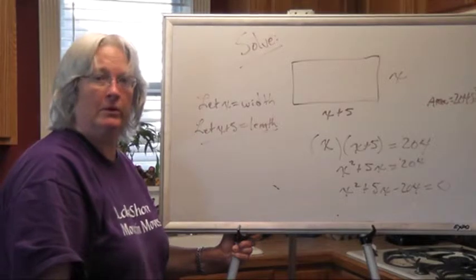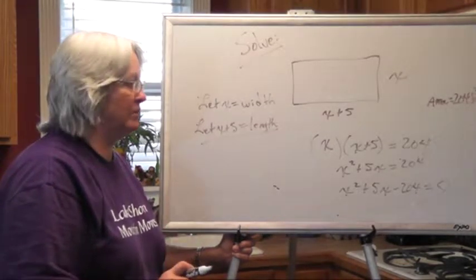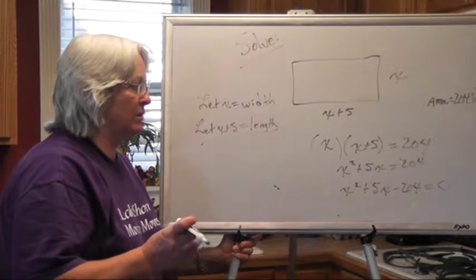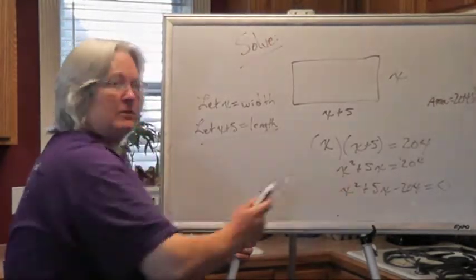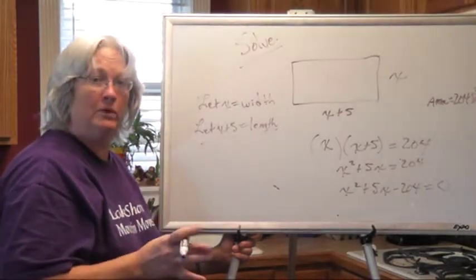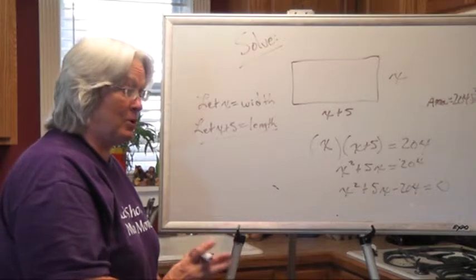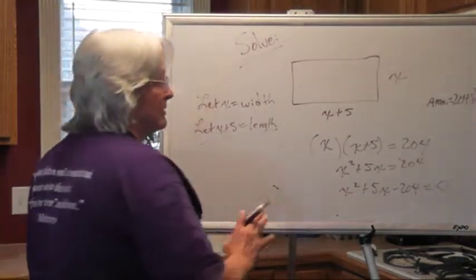How in the world are we going to come up with two factors of 204 that are differing by only 5? This is sort of trial and error, but also the more familiar you are with how numbers multiply together, the easier off you're going to be.